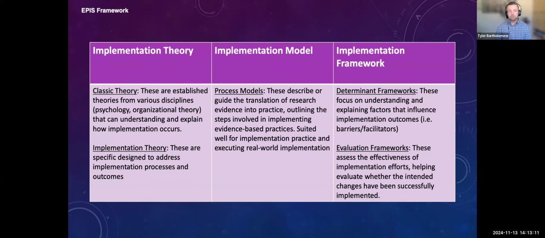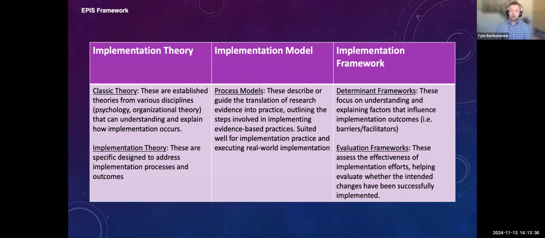And so between the three of these, we know that theory usually implies some type of predictive capacity related to implementation behavior, and it really works to explain the causal mechanisms of implementation. Now, models, on the other hand, are really just used to describe and guide the process of translation, not predict outcomes. And then frameworks are often used to be descriptive.